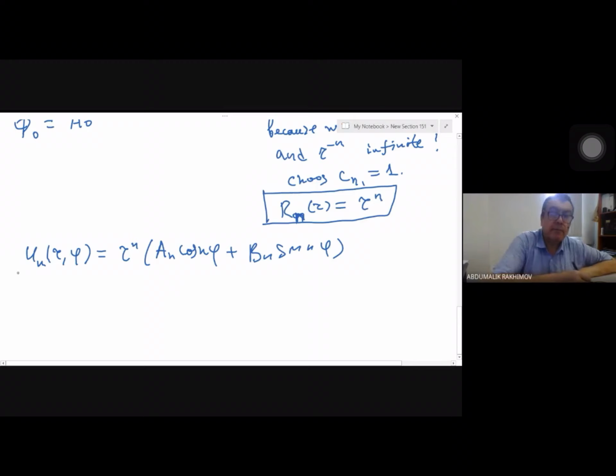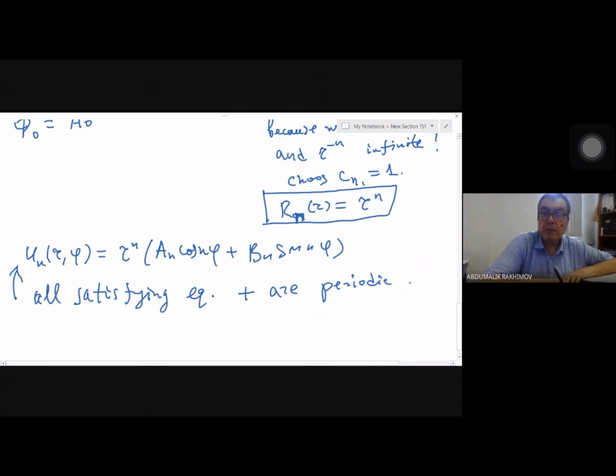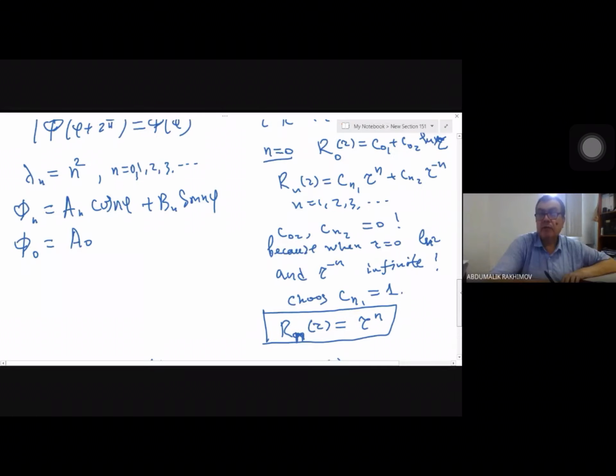All of them satisfy the steady-state equation, you can verify, and all of them are periodic with period 2 pi.